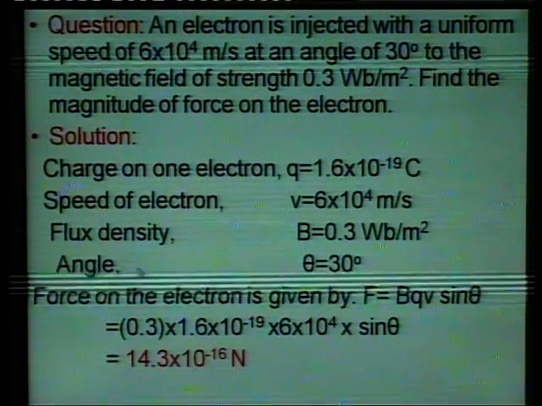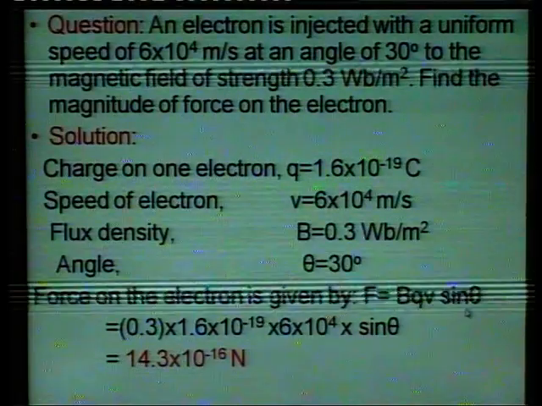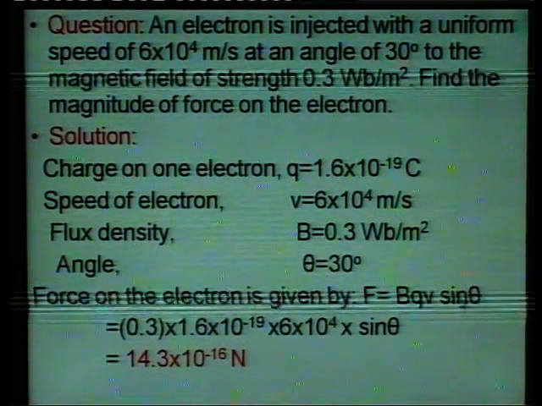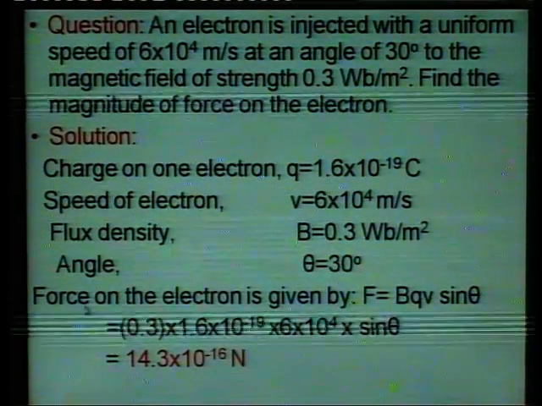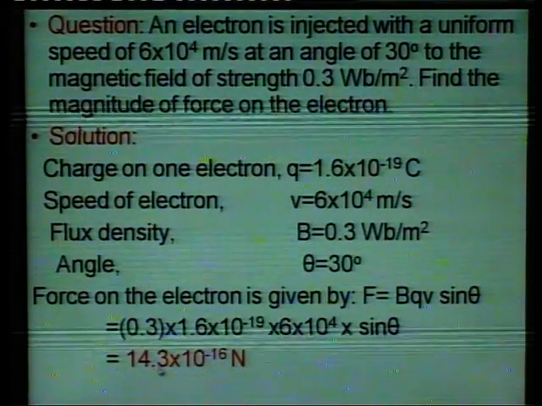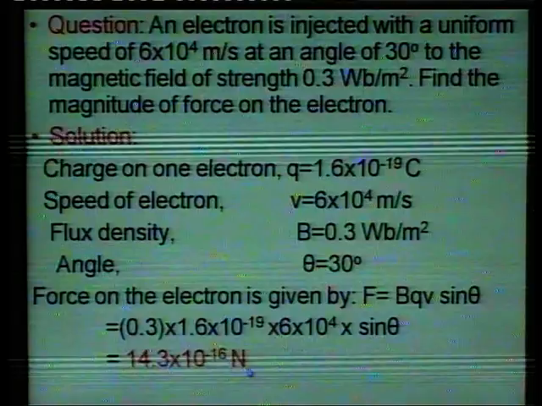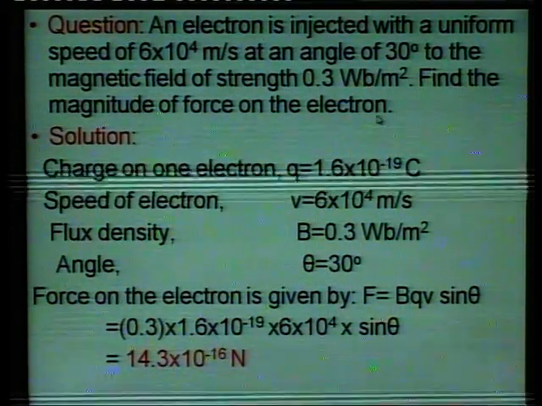Substituting all these values in the formula of force, which is F equals QVB sine theta, the value of force comes out to be 14.3 into 10 raised to the power minus 16 Newton. So this is the magnitude of the force acting on the electron.